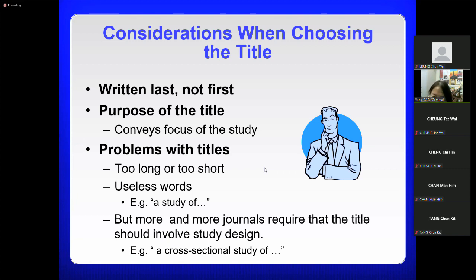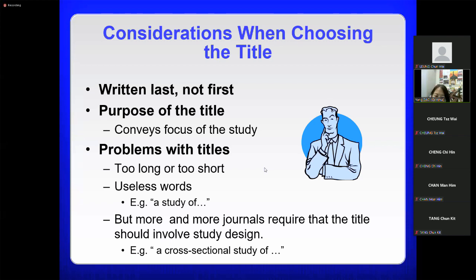Too long or too short, both are no good for a title. So here are some common problems with titles, including being too long or too short, and including some useless words.